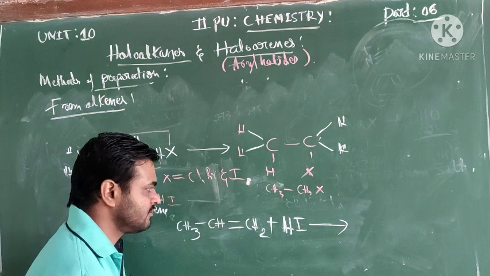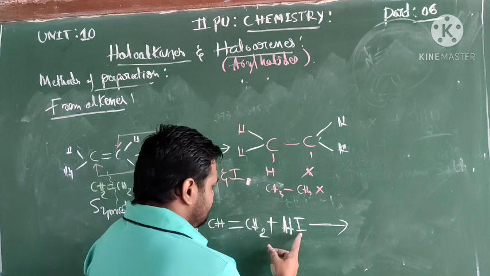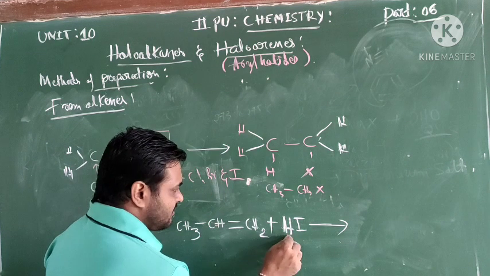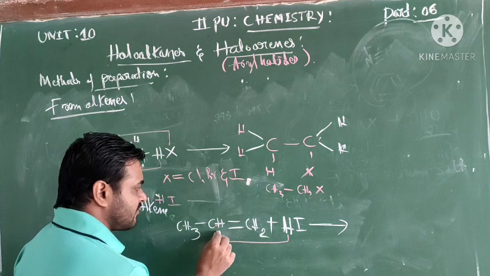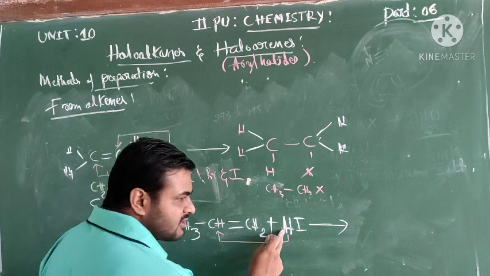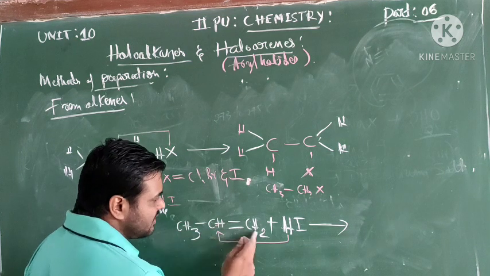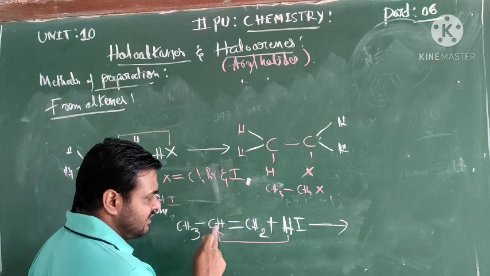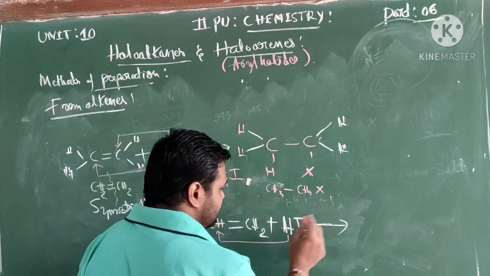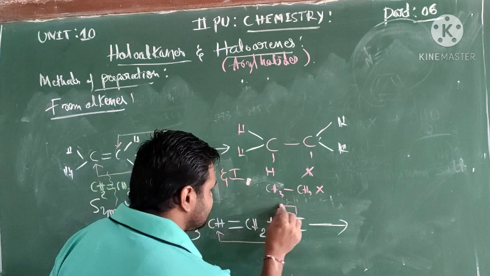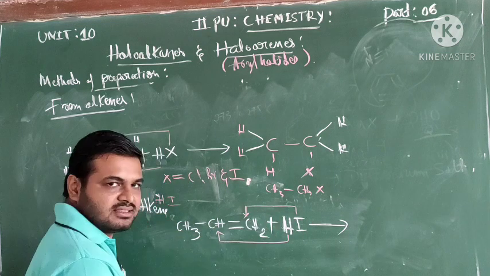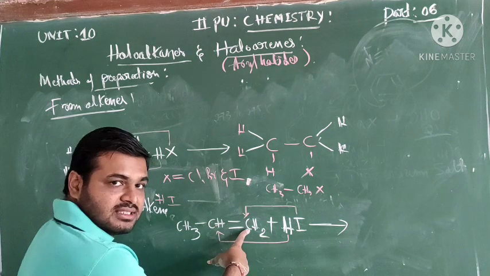The first one: students, the hydrogen atom is attached to the carbon-carbon double bond of the alkene at this carbon atom, and the remaining I is attached to the carbon-carbon double bond at this carbon atom.